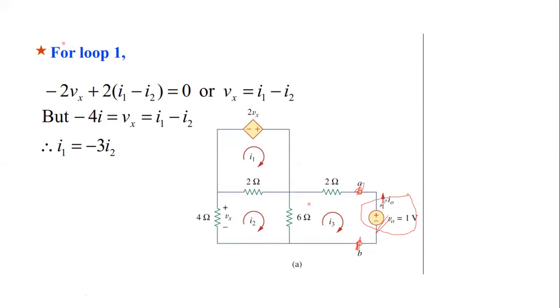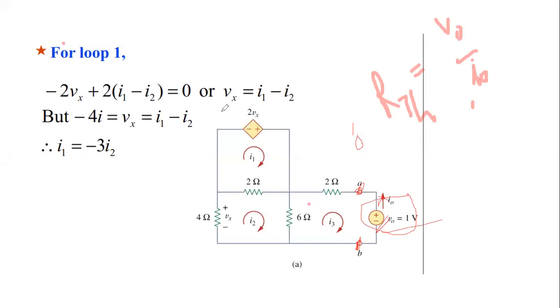The current here will be I naught, and the voltage is 1 volt. Now if I am able to find I naught, then I can always write that RTH will be V naught by I naught.